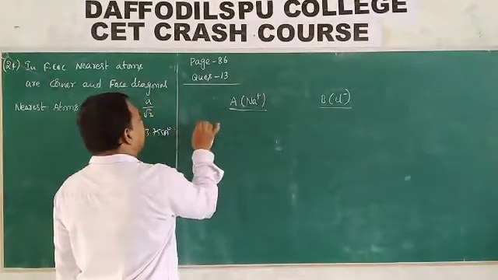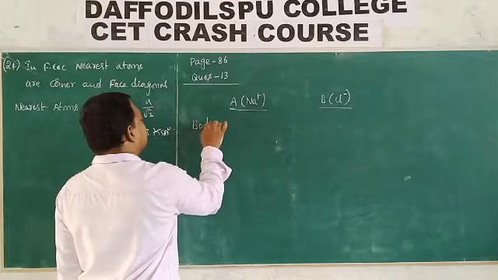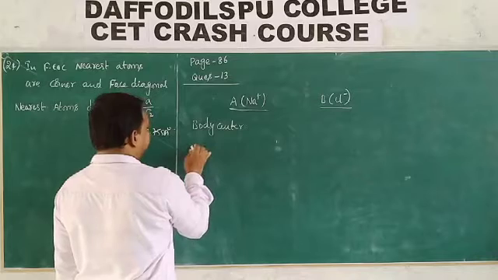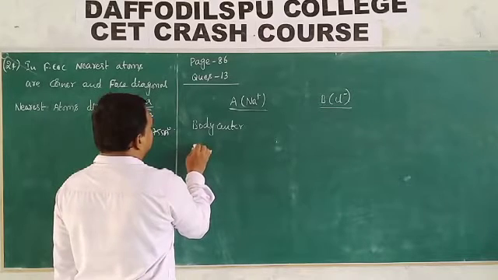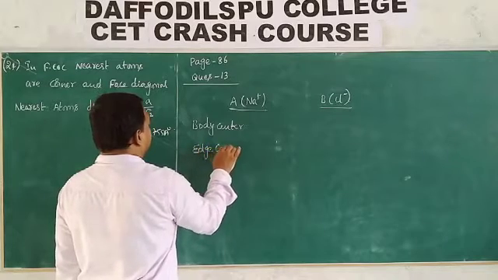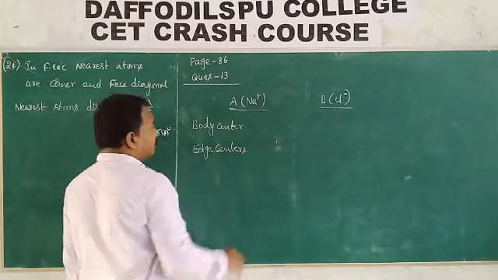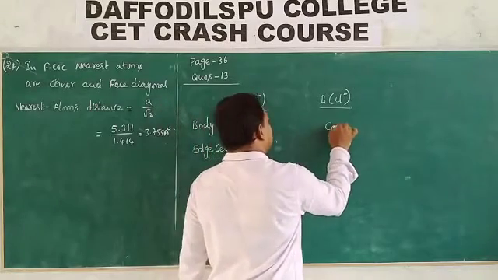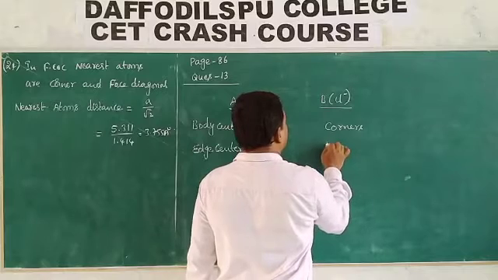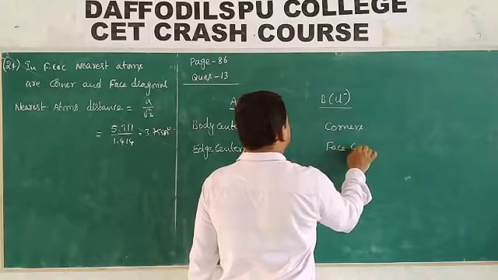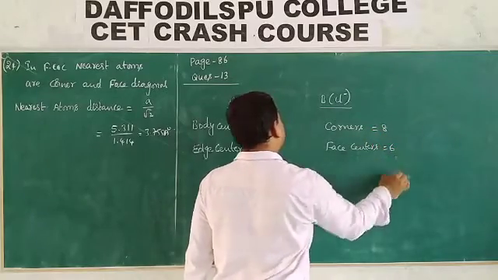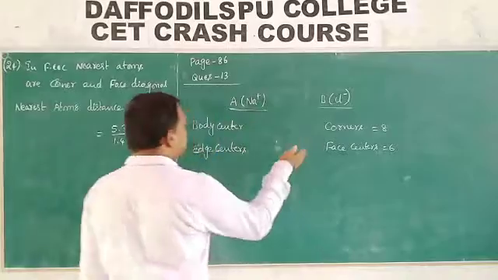Na plus ions are present at the body center and at the edge centers. Cl minus ions are present at the corners and at the face centers. How many corners? 8 corners. How many faces? 6 faces.